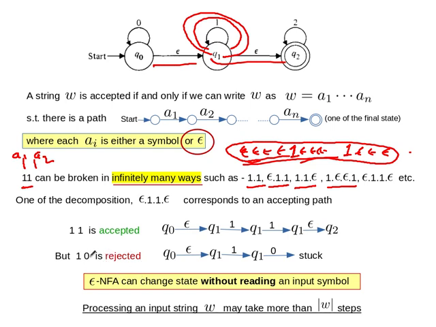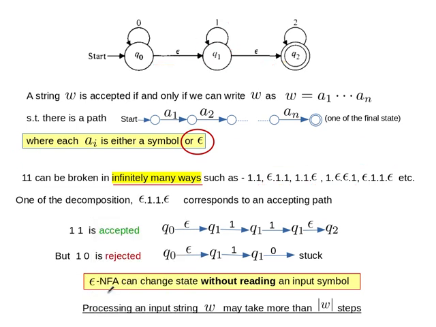So you can see that the main feature of this machine is that this automaton can change state without reading any input symbol. For example, what happens here? It starts with this q0, and then even without reading this first 1, it first changes its state.